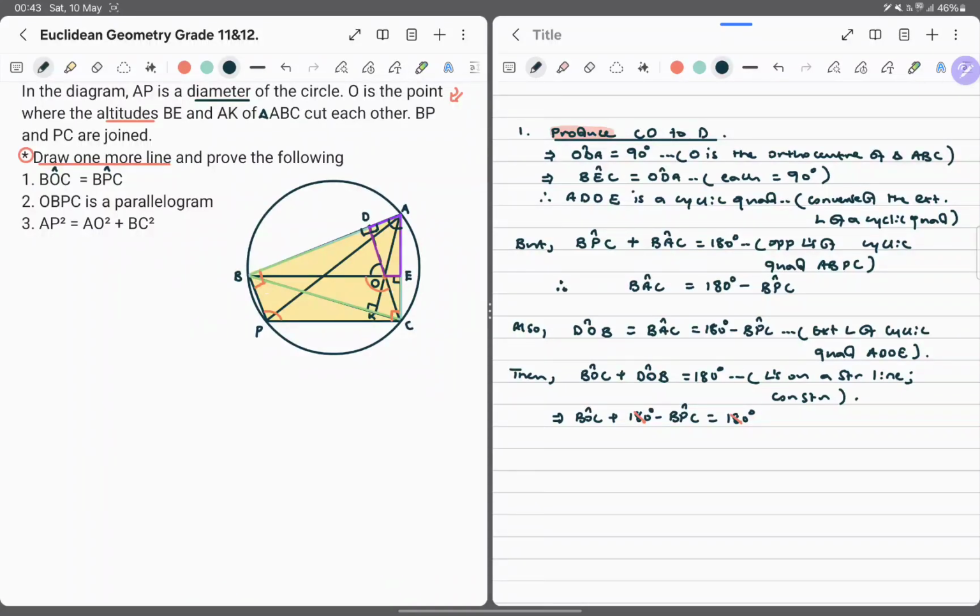When we transpose, they cancel out. So we can make a conclusion that therefore BOC is definitely, when you transpose this, it becomes positive BPC. And we have proven the question that we were asked. So you can see this is not an easy proof by any long shot.